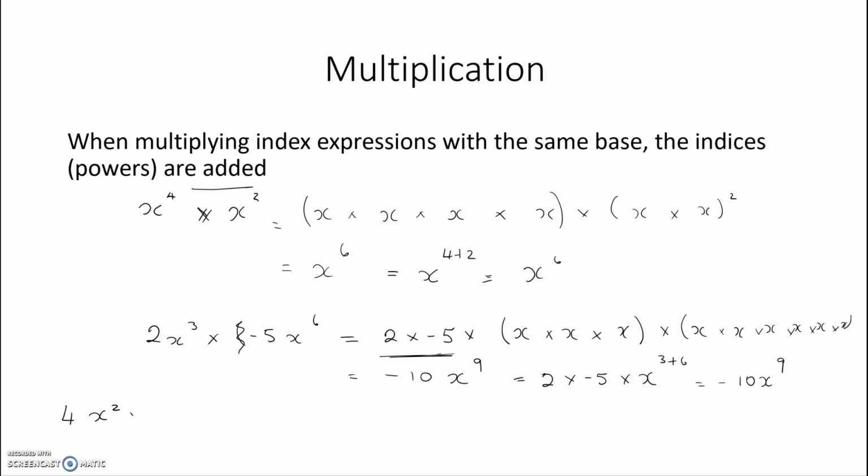4x squared times 3y to the 7. Now this one's slightly different in that the bases are no longer the same. We have x's and we have y's. So let's do the numbers first. 4 times 3 times x times 1, 2, 3, 4, 5, 6, 7.